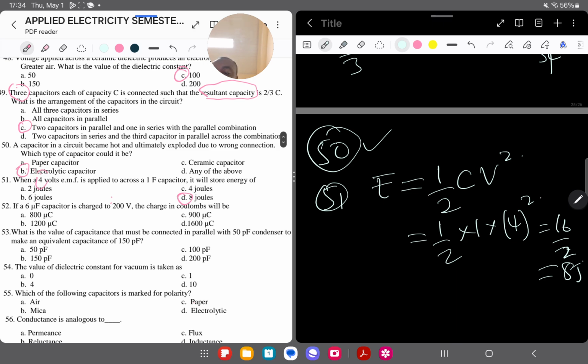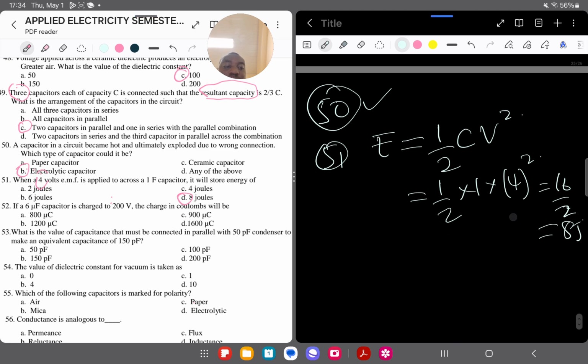Now question 52. If a 6 microfarad capacitor is charged to 200 volts, the charge in coulombs will be... We are given the capacitance and the voltage, and we have to calculate the charge.